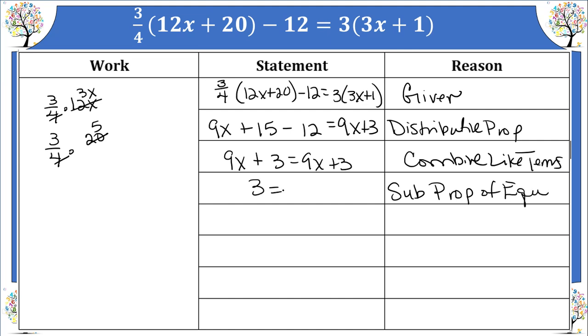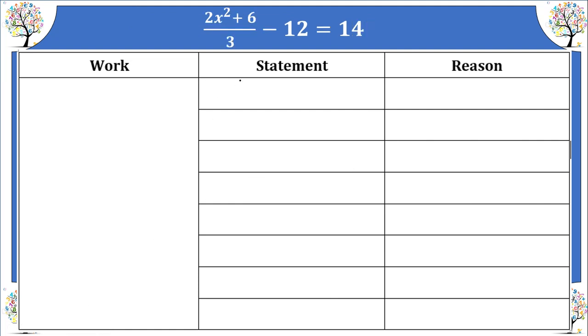And we have 3 equals 3. So we're going to have infinite solutions. You can also use the infinity symbol. So that means any number can be substituted in for x here, and the left side will always equal the right side. Okay, let's do a fourth one.